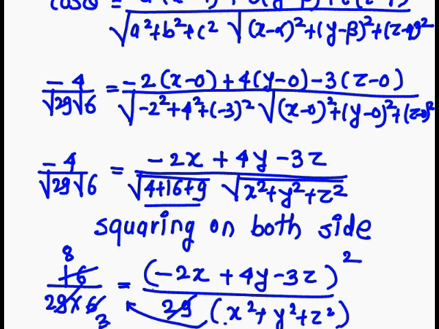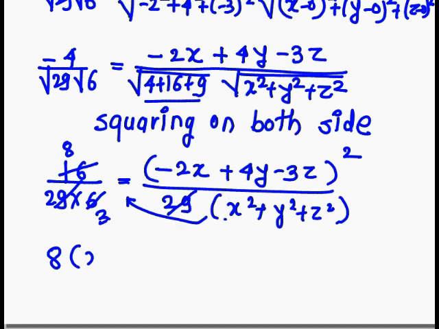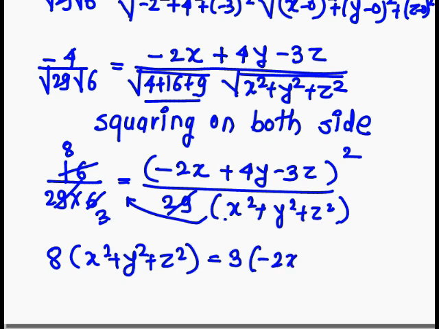By multiplying, we get 8 into x square plus y square plus z square is equal to 3 times minus 2x plus 4y minus 3z the whole square. Now we already studied how to take the square of a plus b plus c in the prerequisite sections.